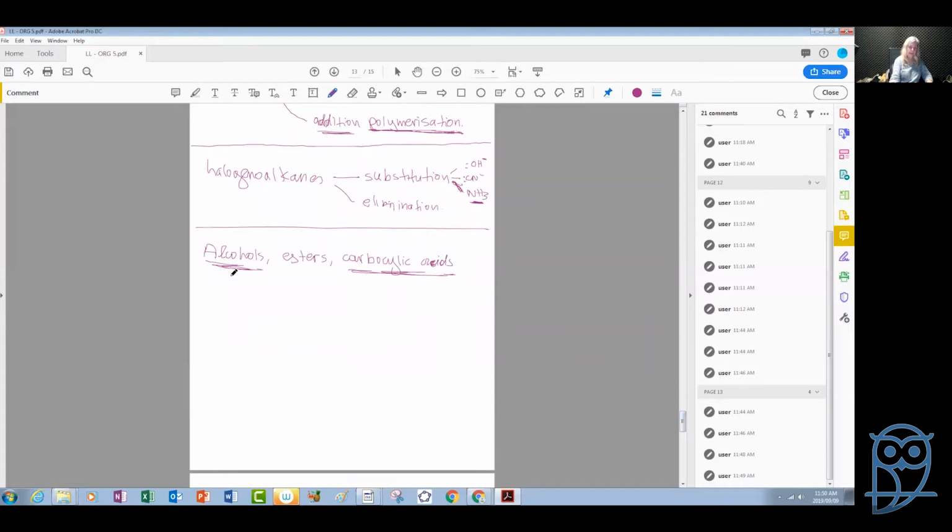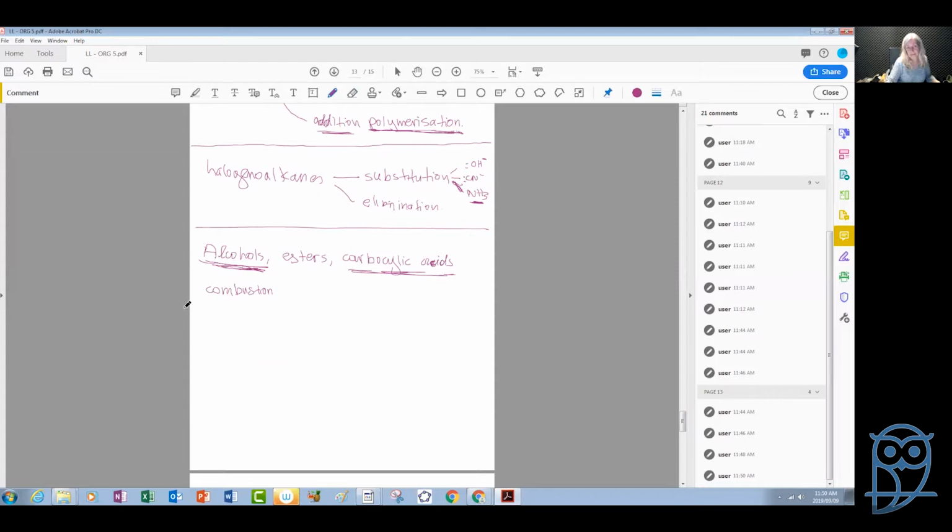So under alcohols, we are going to find a number of reactions, and of course combustion reactions.